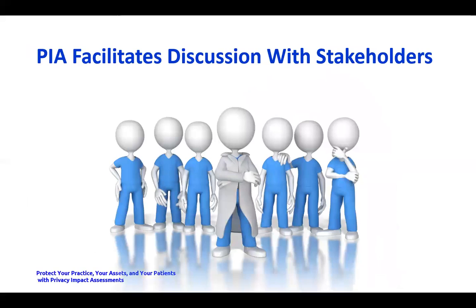Now, a PIA is also a really great place to have discussions with your stakeholders. So there's a common cause and there's a structure to have a conversation with your stakeholders. You should have a privacy officer in your organization. They have a very specific role about managing and monitoring the privacy impact assessment.